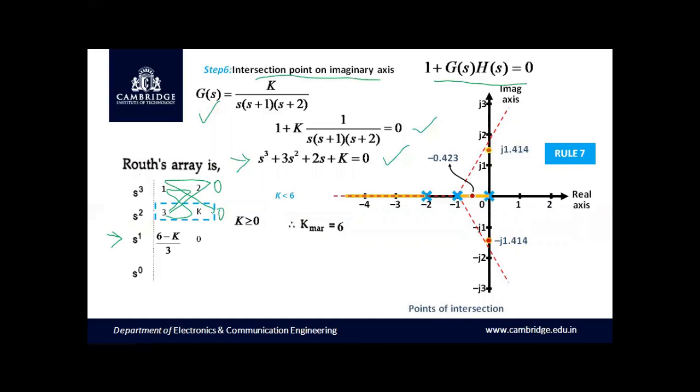For filling up the last row, we trace the pattern: 6 minus K divided by 3 into K minus 3 into 0, divided by 6 minus K divided by 3. The 6 minus K divided by 3 in the numerator and denominator get cancelled out, hence we get K here. And I have told you that there will be a shift diagonally, and finally for the last row we will get the same constant which is specified in the characteristic equation, provided this element is 0.